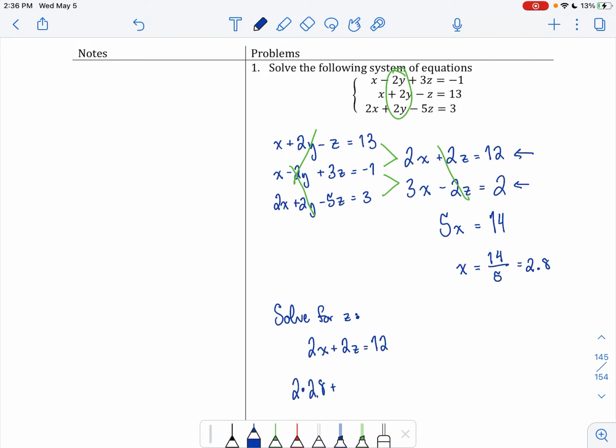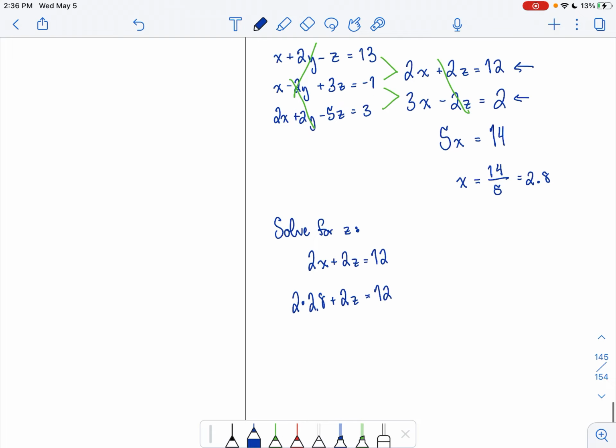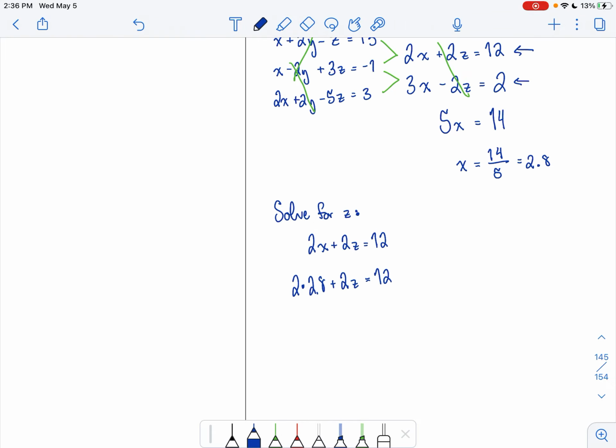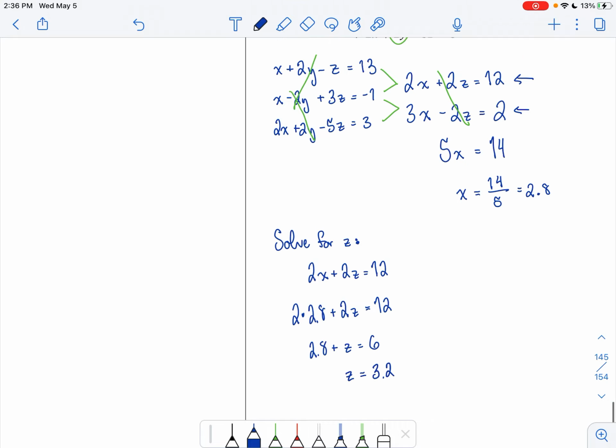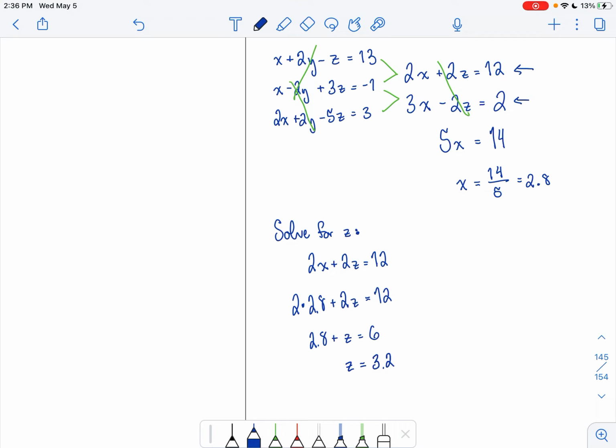So 2 times 2.8 plus 2z is equal to 12. Now I'm going to be a little sneaky here, and I'm going to divide everything by 2 and say 2.8 plus z is equal to 6. So z is equal to 6 minus 2.8, which would be 3.2. So now we have an x value and a z value.